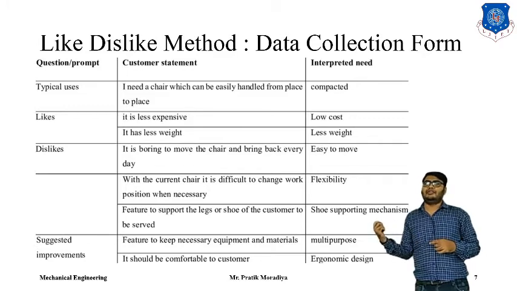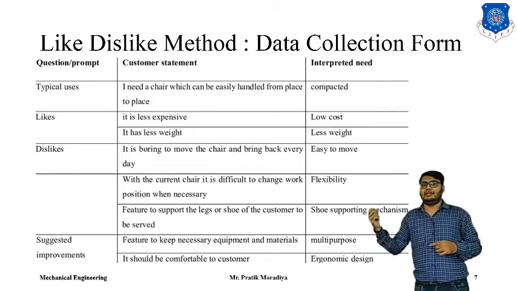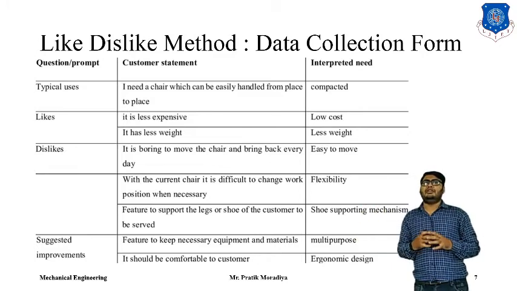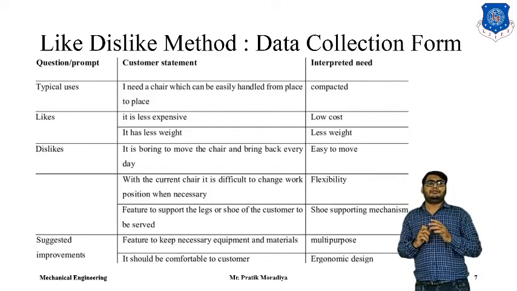You are asking questions about the typical use. The customer will give some statement that he uses this in some places, and you interpret a need out of this. For example, if a customer uses a bag in public transport very often, then the need interpretation should be that it should be rugged, strong enough to survive public transportation conditions.